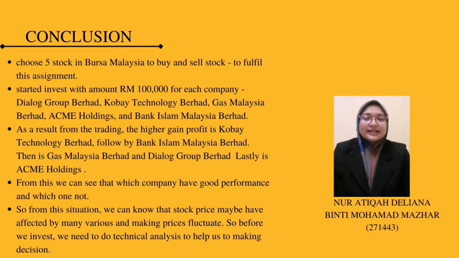As a result of the trading, the highest gain in profit is Kobe Technology Berhad, followed by Bank Islam Malaysia Berhad, then Gas Malaysia Berhad, and Dialog Group Berhad. Lastly is SCME Holdings. From this, we can see which company has good performance and which one does not.